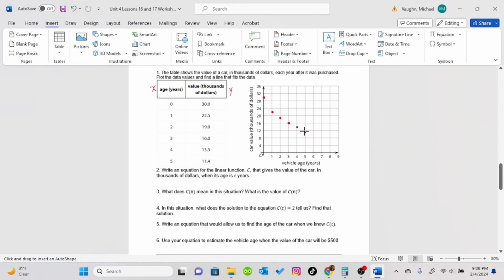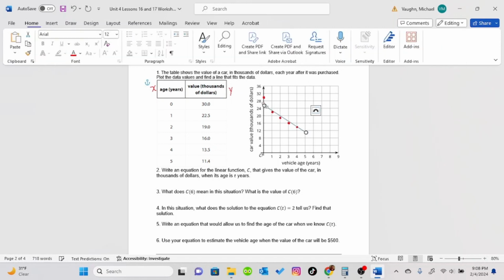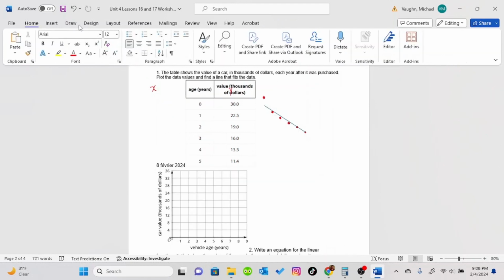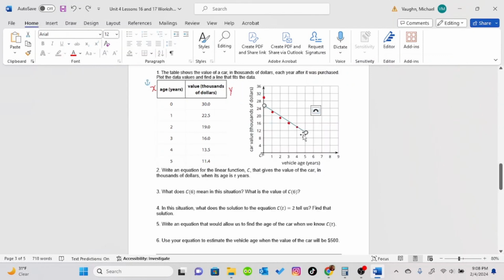So that would be a line somewhere right in here. You just want it to fit as closely as possible.